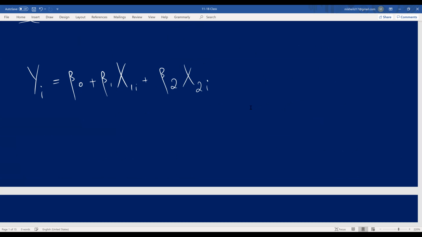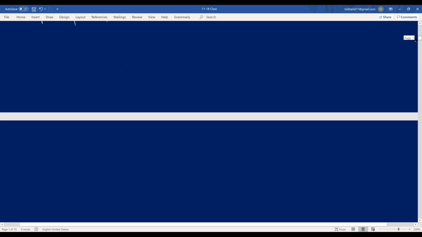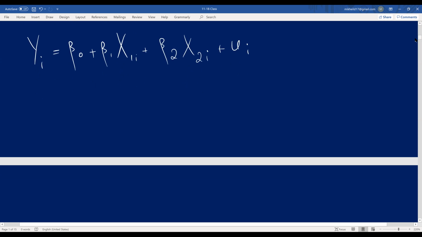Let's limit k by 2, guys. Okay. So here, let's say we have only 2 independent variables, right? And then let's say we want to test this hypothesis.